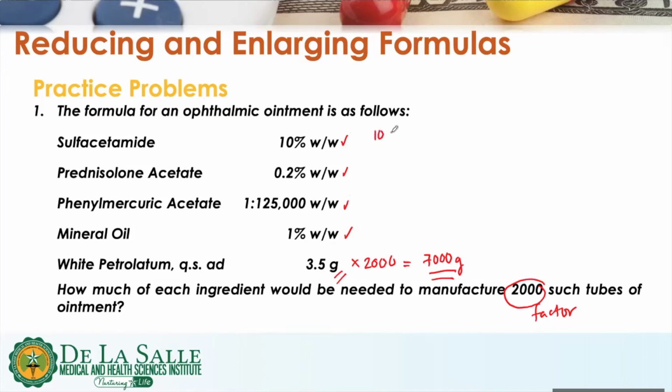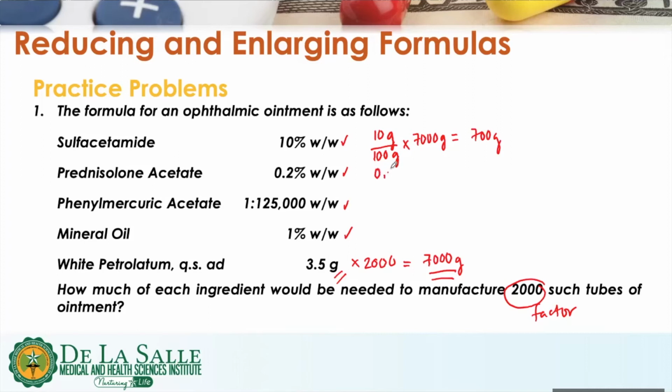So, for sulfacetamide, 10 grams of the drug sulfacetamide are contained in each 100 gram of the ointment. Multiply it by the total amount of the ointment that will be prepared, which is 7,000. That will be equal to 700 grams.